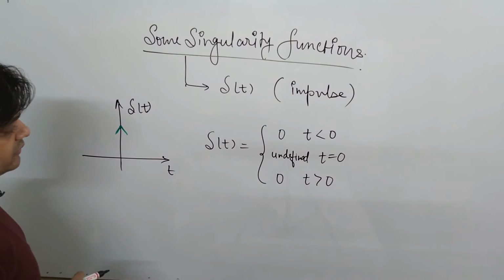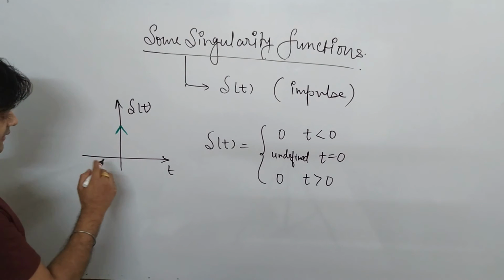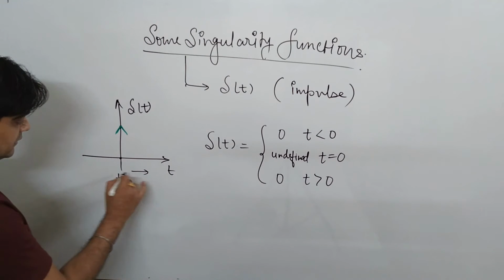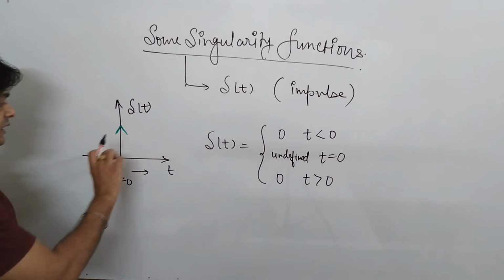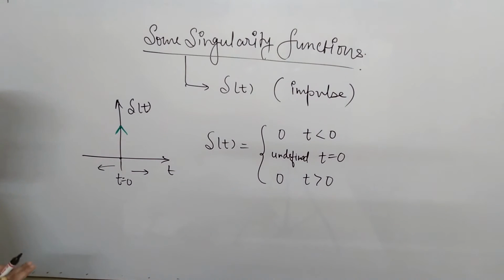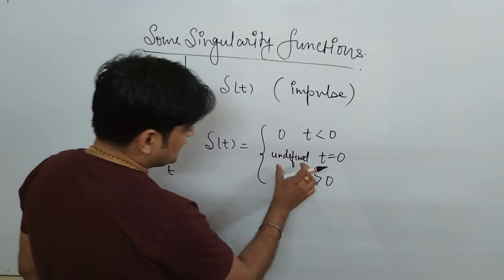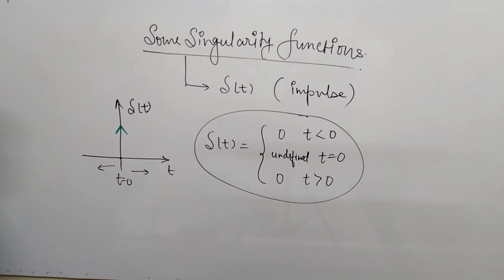This is known as the impulse function del t, and it is represented in this form. Now from this figure you have already seen that this is at t equal to 0, this is your positive value of time, this is your negative value of time. So the del t function is 0 everywhere except at t equal to 0, where it has some value, but that value is not defined here. So you can say that at t equal to 0 the value of del t is undefined. Very important function, and it has a lot of applications in electronics as well as in electrical subjects.